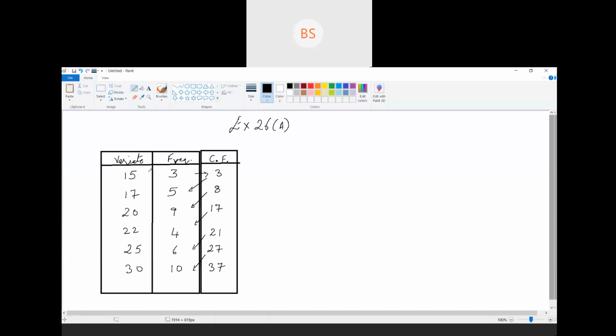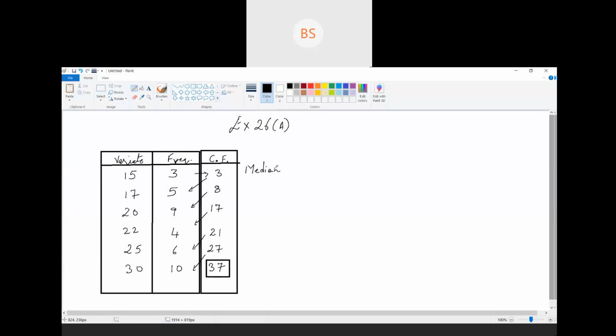Okay. Now once we find out the cumulative frequency, we have to check the last value. Now here the last value is 37. It is an odd number. So we have to go for the formula for odd number.